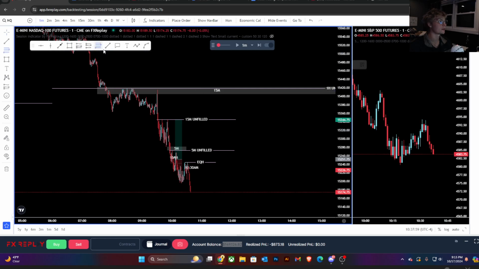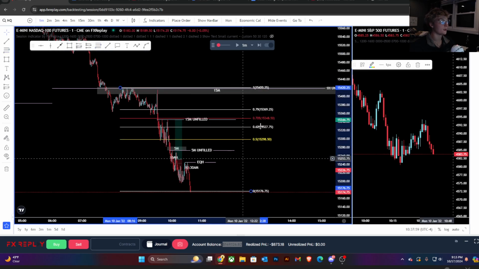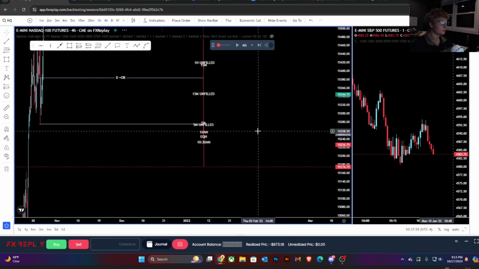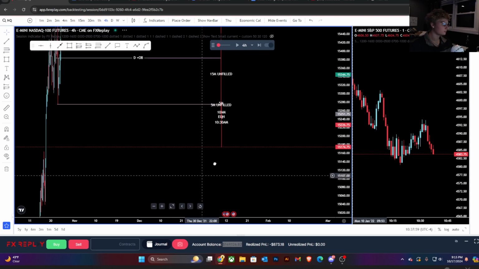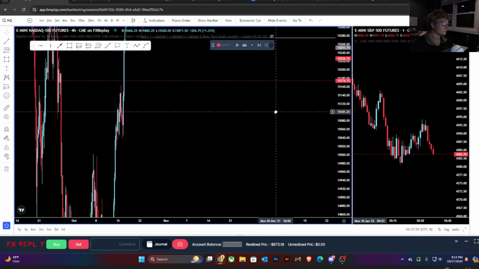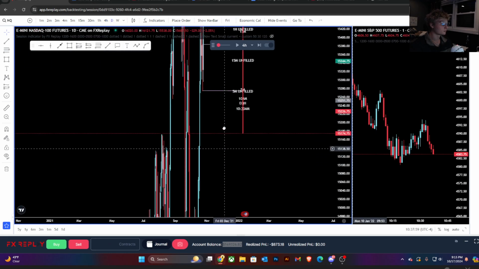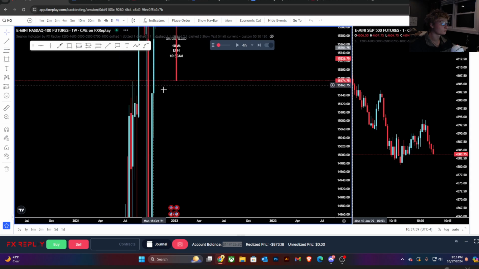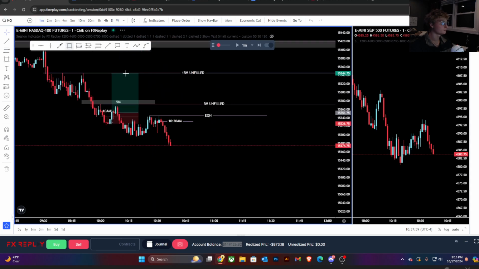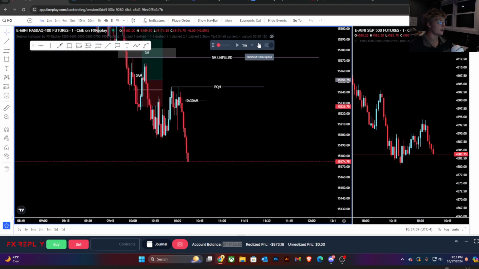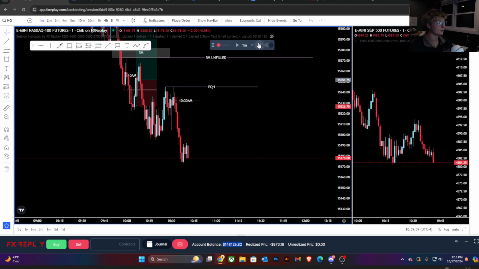Super unbalanced range here. Never even hit equilibrium. We also hit the 50% of the weekly gap. But yeah, let's see what we do here.